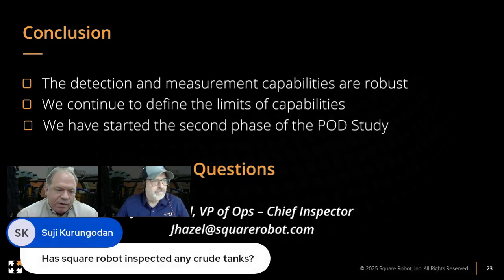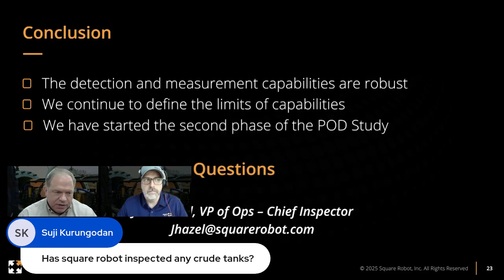Okay, has Square Robot inspected any crude tanks? To date, we have not inspected any at this time. And I would say that the limitation that we run into realistically is the amount of sediment that we would expect to see in those tanks. Certainly, we're in clean products most of the time now, but even in some of those, like red dye diesel, it's not a visual that we're using to navigate around the tank.